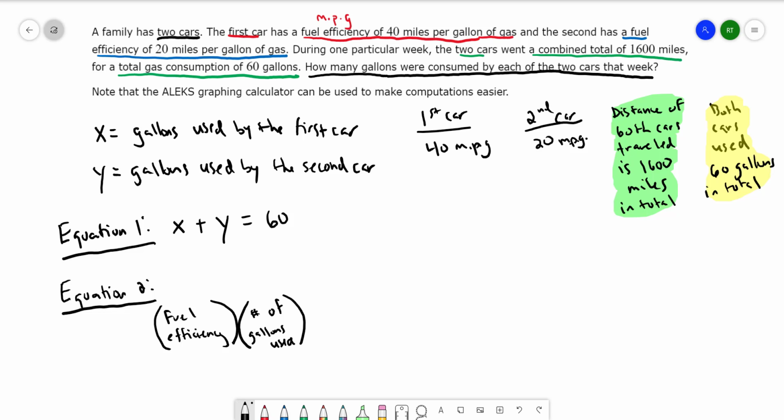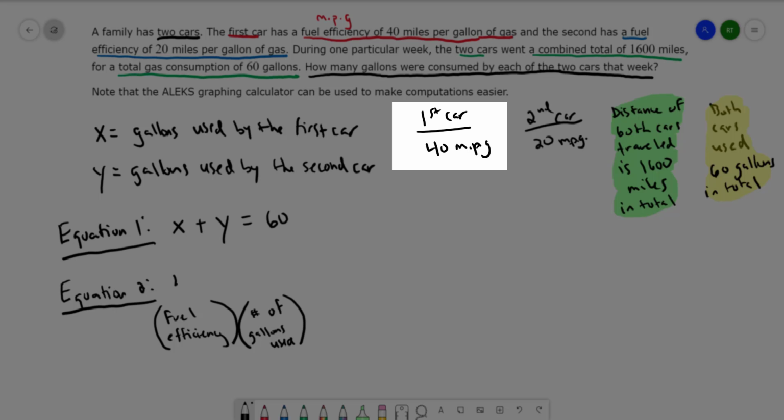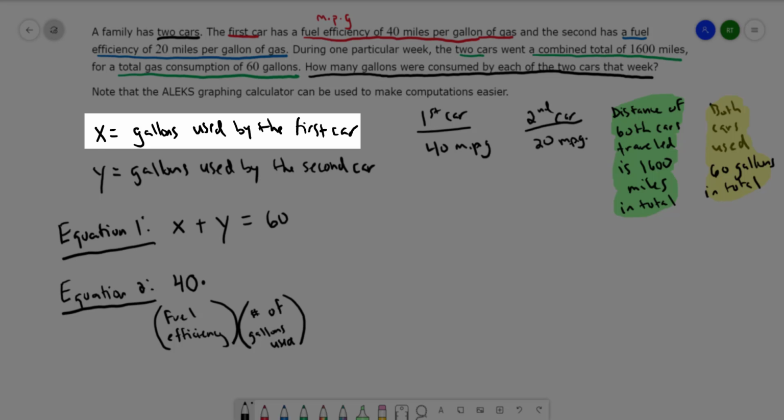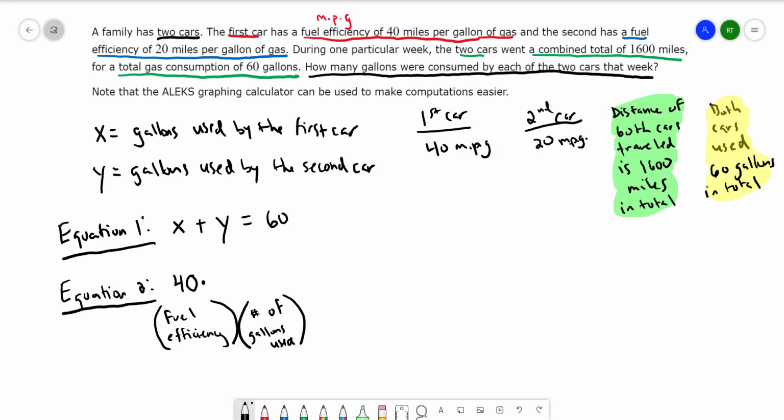For the first car, we know that the fuel efficiency is 40 miles per gallon, so I'll take the 40, that's the fuel efficiency, and multiply it by the number of gallons used. The number of gallons used we don't know, but we do know it's represented by X. That's what we're trying to find out. And then I'm going to add that to the other car's distance traveled.